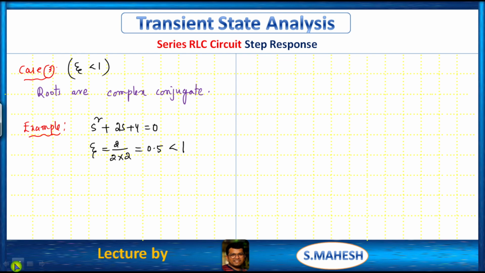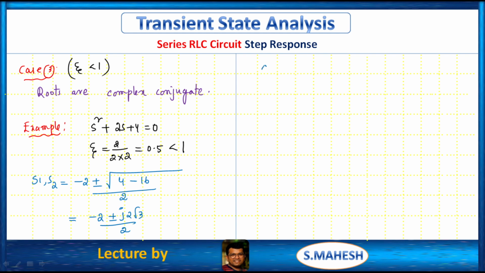Therefore, now we have to get s1, s2, which is equal to minus 2 plus or minus square root of 4 minus 16, by 2. From this, minus 2 plus or minus j 2 root 3 by 2, right? Therefore, s1 is minus 1 plus j root 3, and s2 is minus 1 minus j root 3.